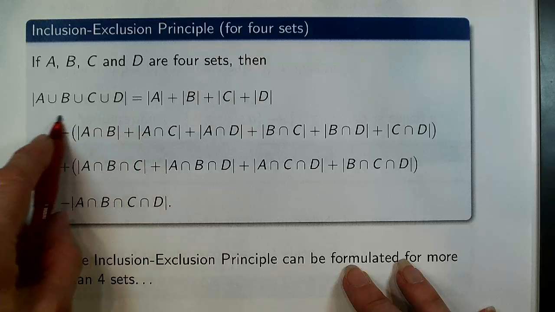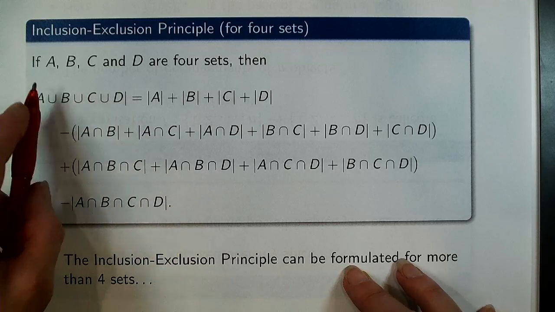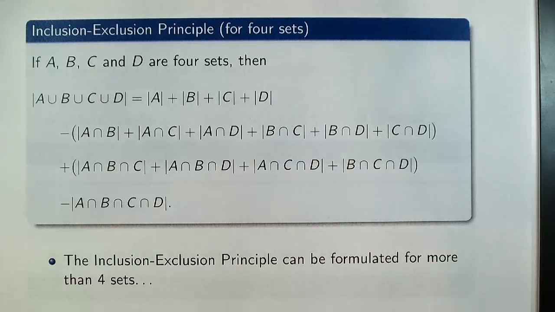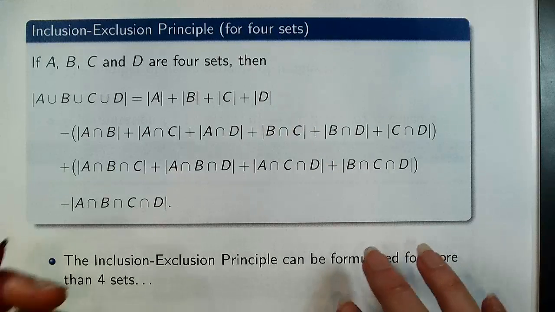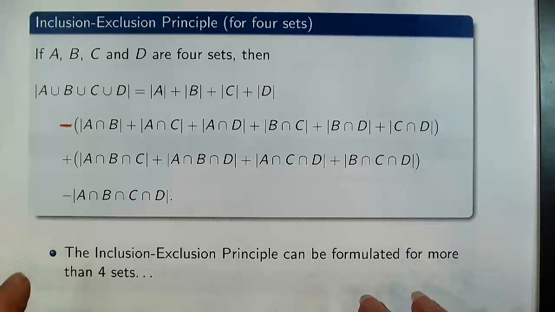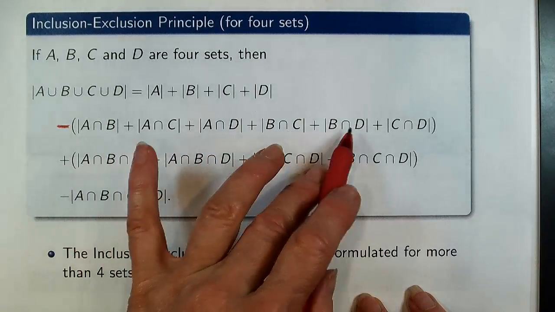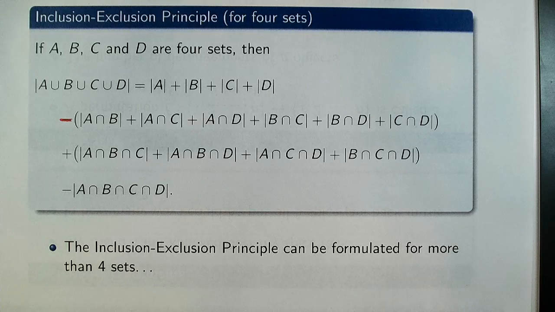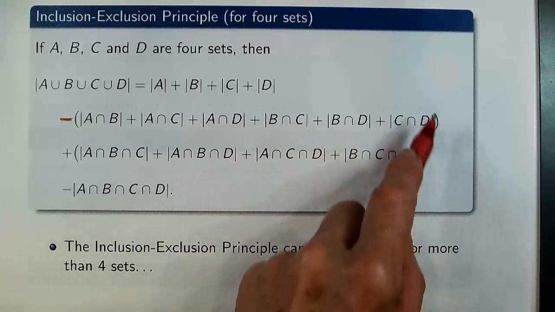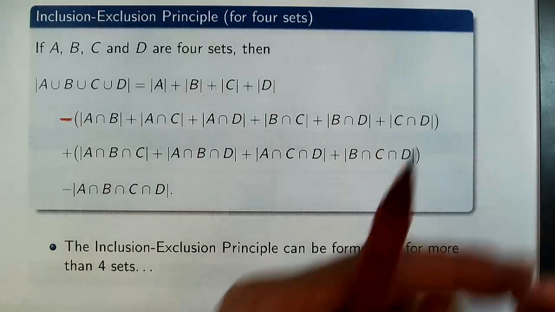To find the cardinality of the union of 4 sets, you firstly take the sets themselves and add up the cardinalities. Then you subtract what you get when you take the intersections of pairs. There's quite a lot of possible pairs, 6 in fact, but you consider the various intersections, their cardinalities, and subtract the lot.